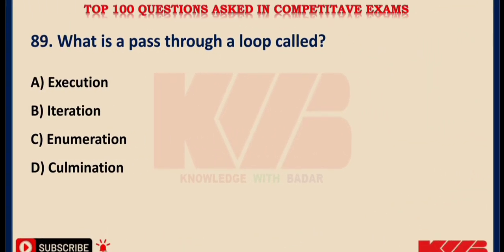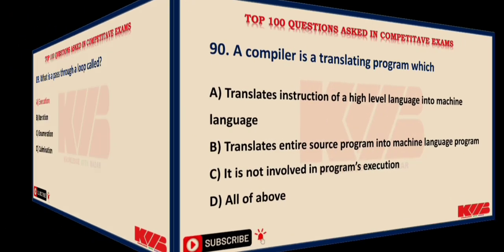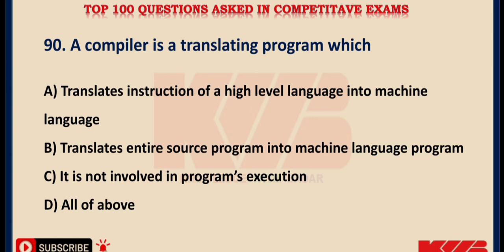The next question: what is a pass through a loop called? Execution, iteration, enumeration, or culmination? Yes, it is called iteration. A compiler is a translating program which translates instructions of a high-level language into a machine language.